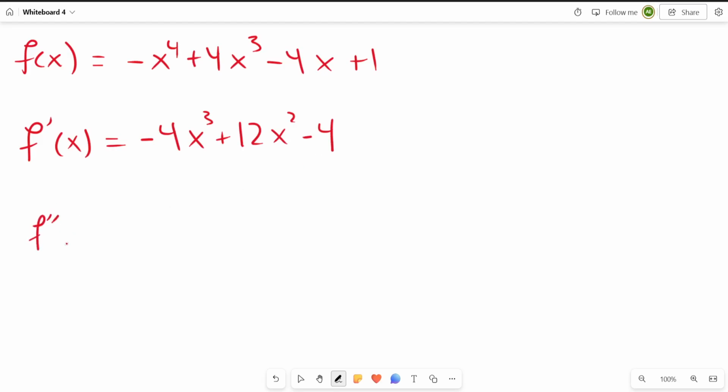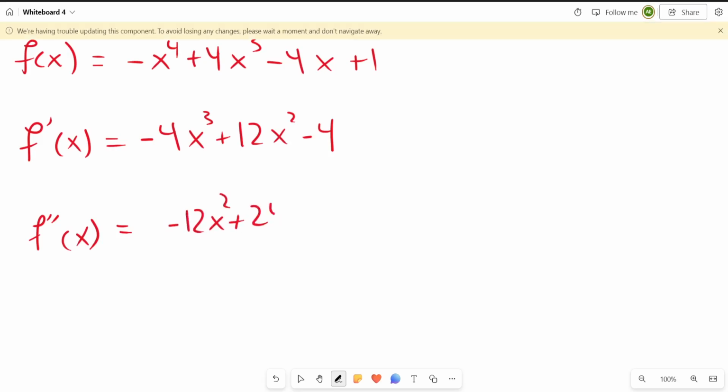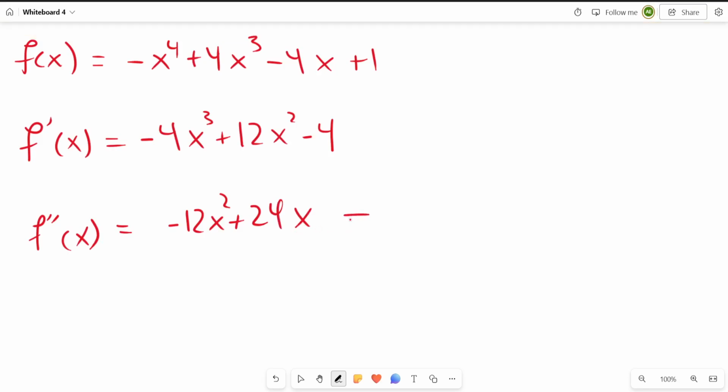Getting the second derivative is going to be -12x squared plus 24x. And equating that to 0, straight away I can take out a -12x as a factor from here, and I will have -12x squared divide -12x, that will leave me with an x, and then 24x divide -12x is basically -2.